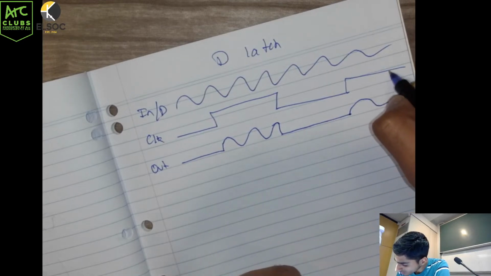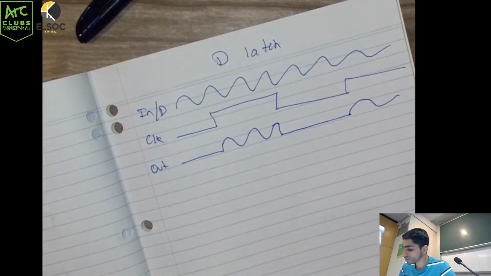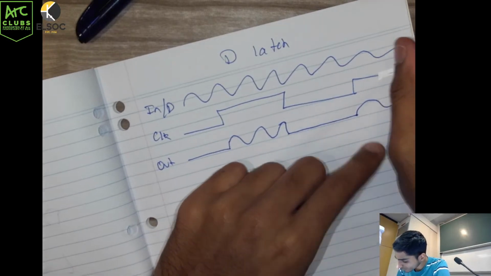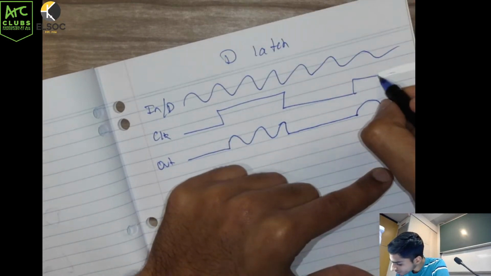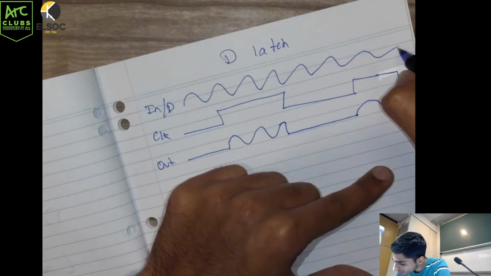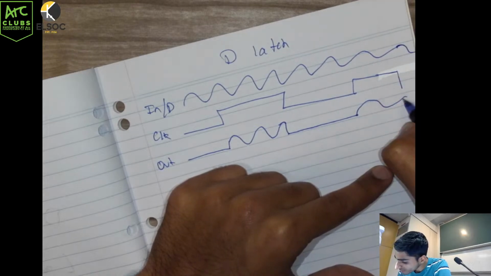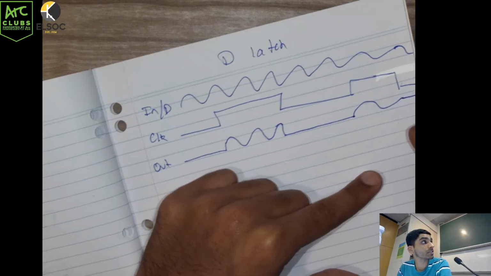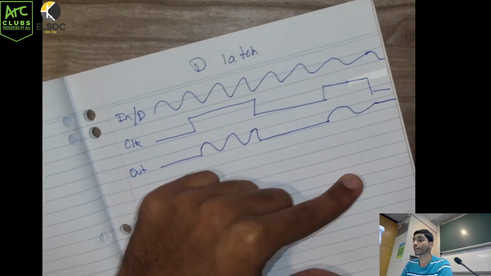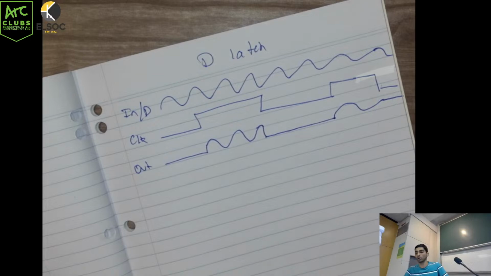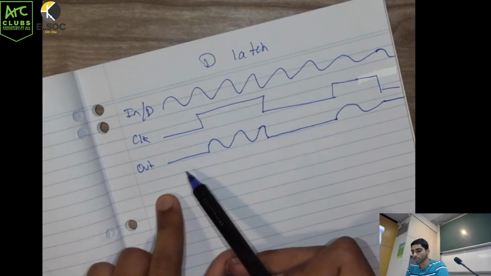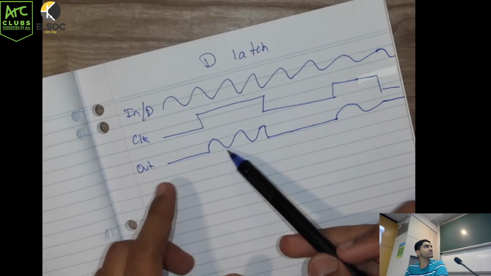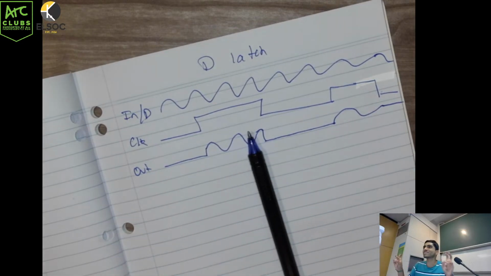If the control turned low at this point in time, where the value is still high, it'll remember the high value until the control turns back on again. It remembers the last value when the control was on. This works, but you'll notice that this is kind of unstable in a way. It's remembering things, but it keeps changing what it's remembered.